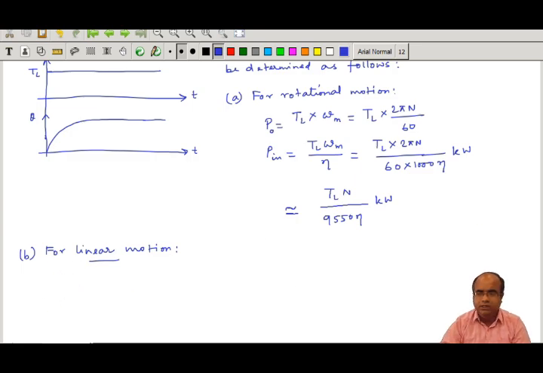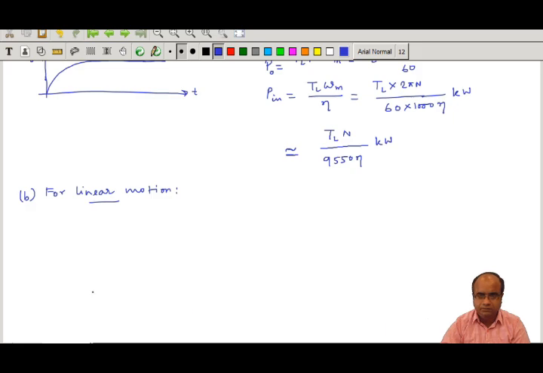Now for linear motion, P equals F into 9.81 into V, divided by eta into 1000.